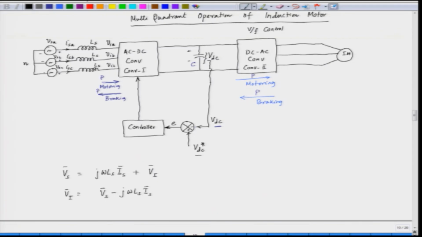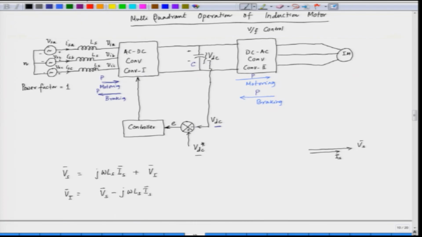Let us draw the phasor diagram. The phasor diagram can be drawn in the following fashion: we have the input voltage, which is Vs. Now, we want the power factor to be unity. So, the power factor on the input side should be 1, which means the current should be in phase with the voltage.